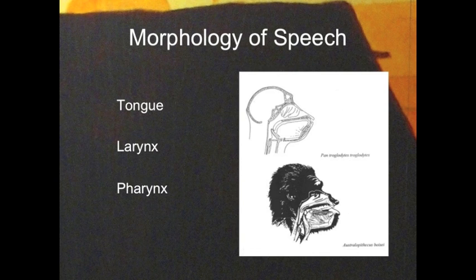So the larynx is a hollow muscular organ. It holds the vocal cords and allows air to pass to the lungs. And it also controls pitch and volume. So it's very important in a number of ways with regards to the manipulation of sound in a very controlled fashion.